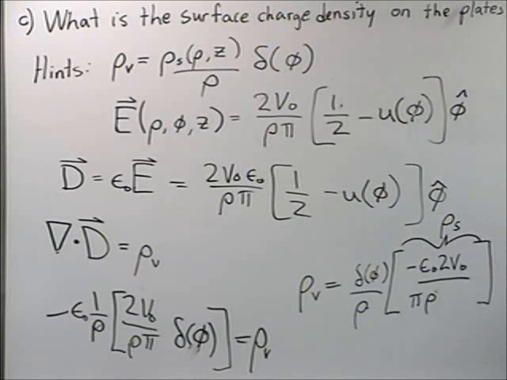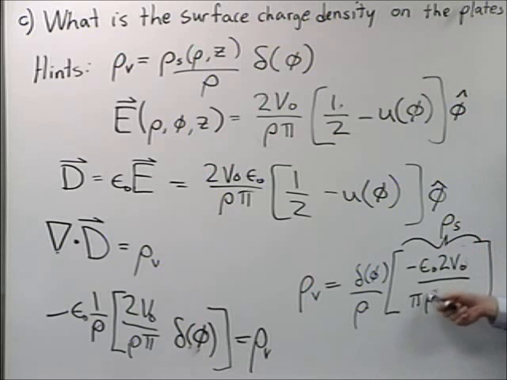That's on the 0 voltage plate. On the V0 voltage plate, I just flip the sign, right, because it's a symmetrical problem. I got this much surface charge on that first plate. And notice the magnitude. As I put more voltage on that second plate, as the difference between the two voltages increases, so does the amount of surface charge.